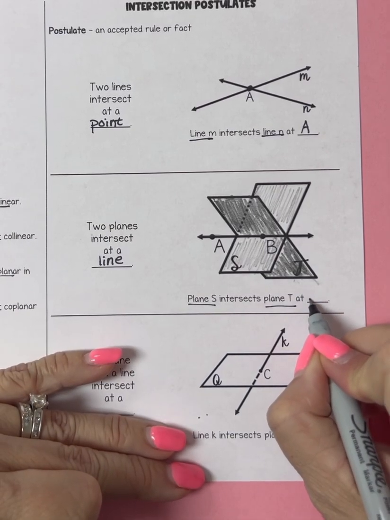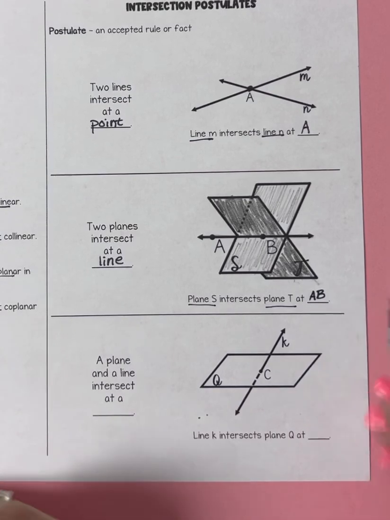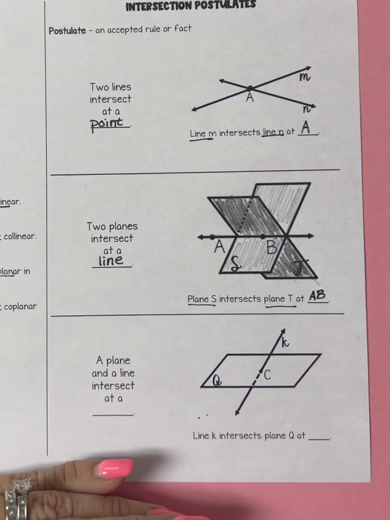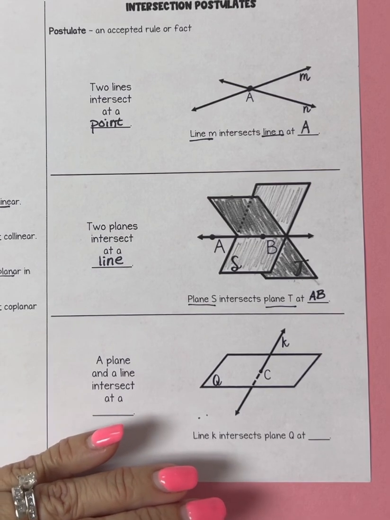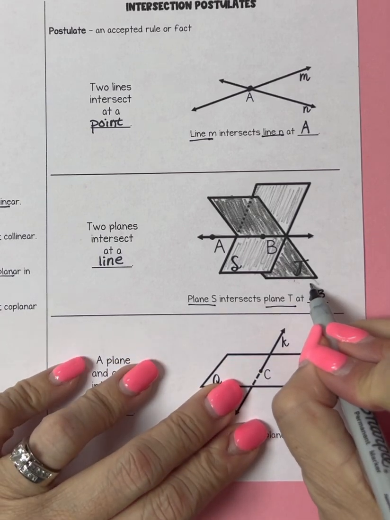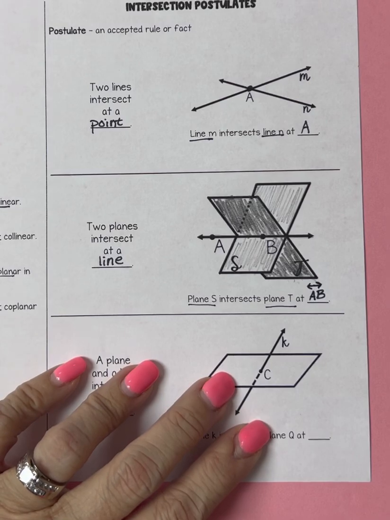And so we're going to call it line AB. Now remember, if I just put those 2 letters, I don't know what that is. I don't know if that's ray AB, segment AB, or line AB. So I need to tell the reader that it's a line, which means I need to draw a little miniature line right above it with 2 arrows. So now I can call that line AB.